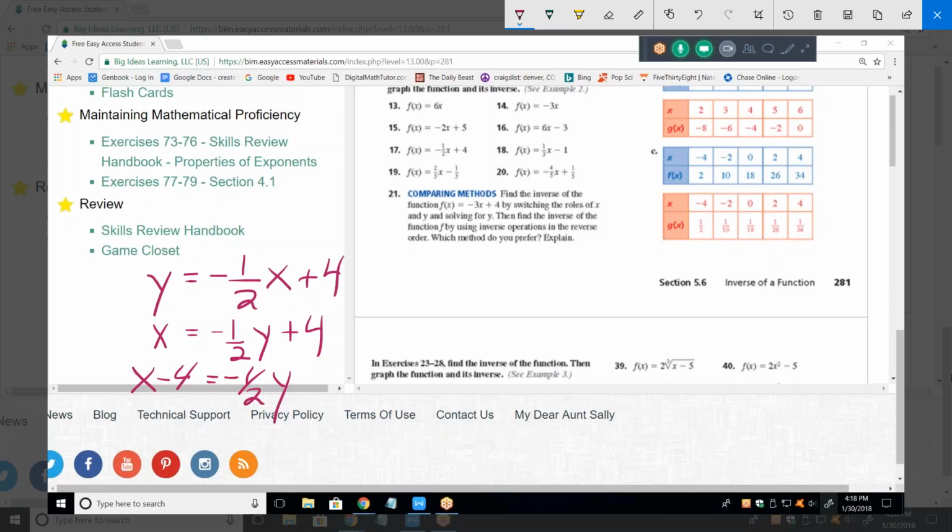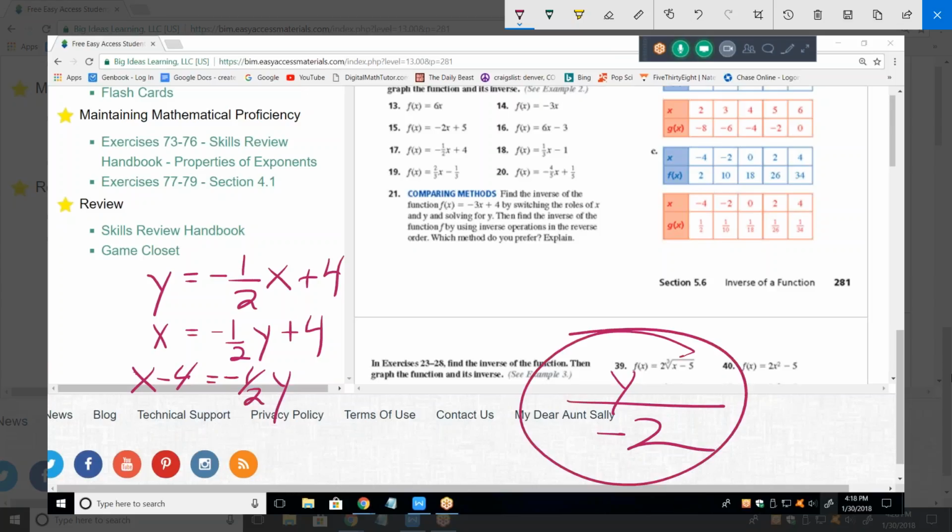Now, in some cases, it's actually easier to see that as the same as this because it's easier to do the algebra. In other words, when I see this, I know I got to multiply both sides by -2. When I see this, I got to divide both sides by -1/2, which sounds a whole lot tougher. It's the same thing. Dividing by 1/2 is the same as multiplying it by 2.